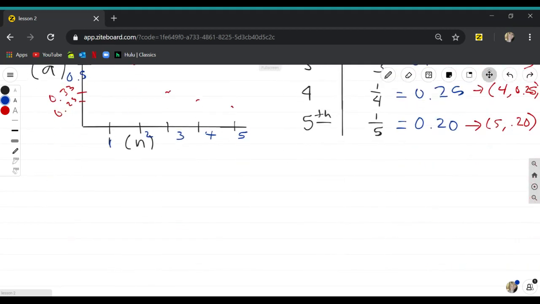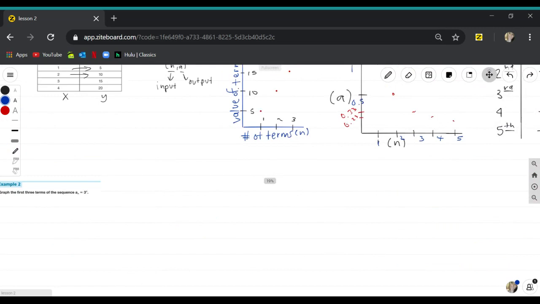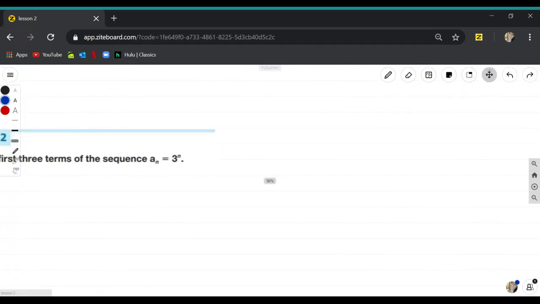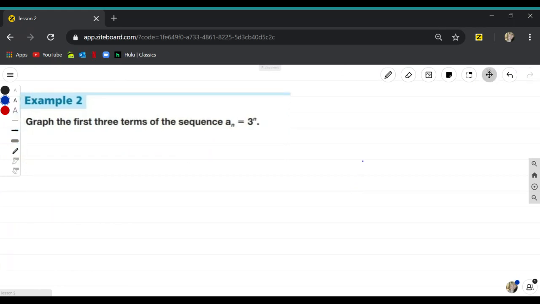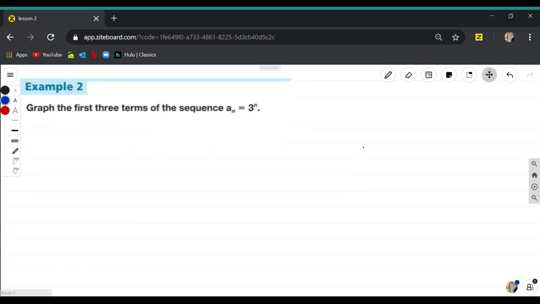Okay, so then we can go to the next example, just to help you out a little bit more. The next example states, graph the first 3 terms of the sequence a_n equals 3^n. So first, as always, let's go ahead and make a graph so that it would be easier to graph.